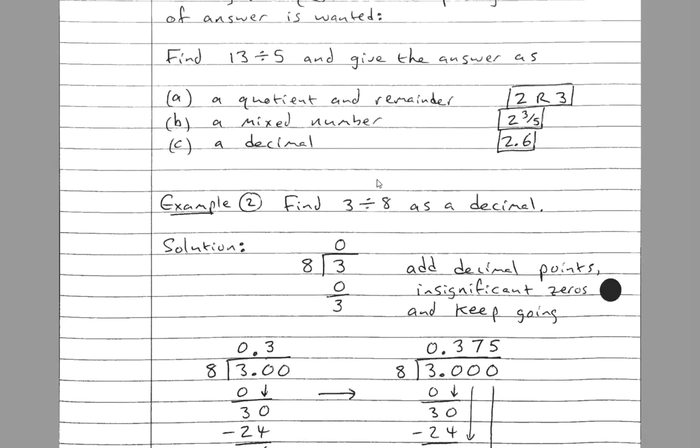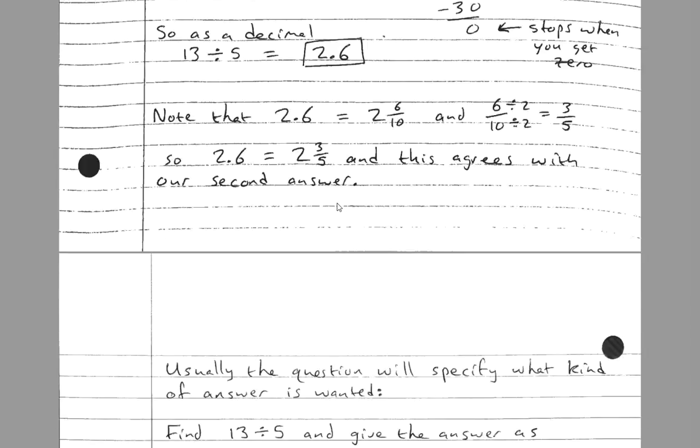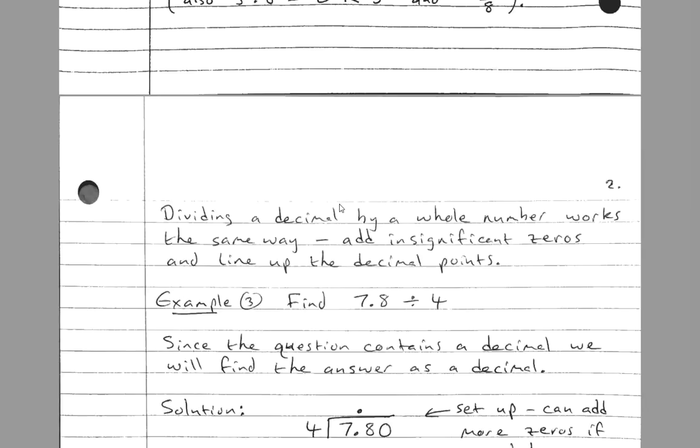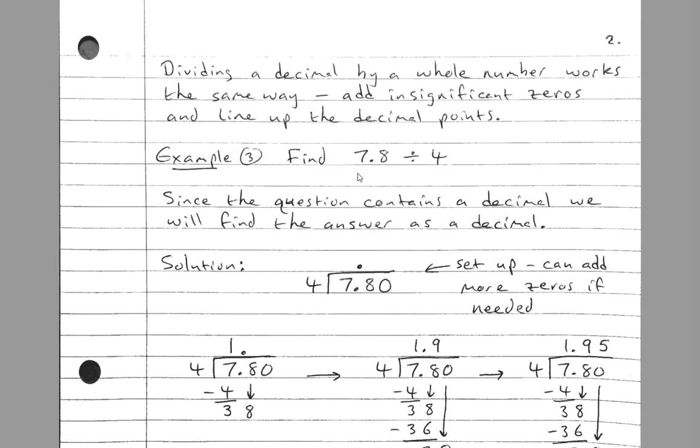All right, so in these two examples we were dividing a whole number by a whole number, but it works exactly the same if you're dividing a decimal by a whole number. Again, the main ideas are adding insignificant zeros to the right of the number you're dividing and lining up the decimal points.